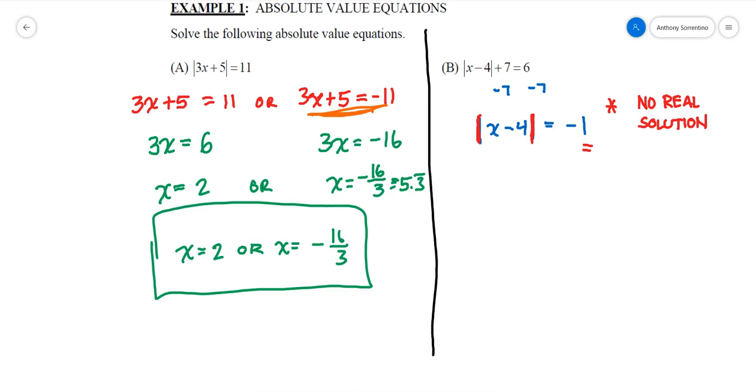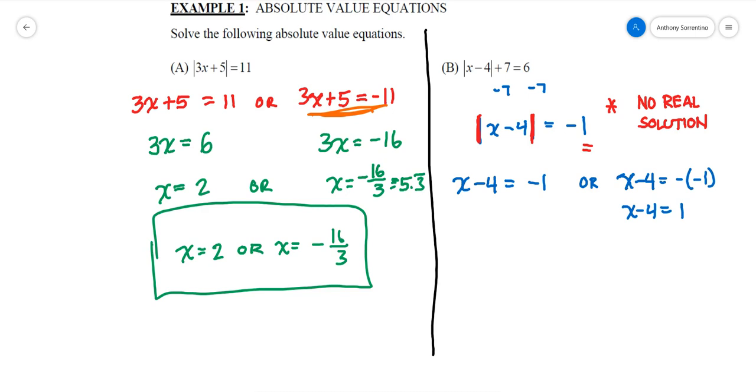But say, for instance, you didn't notice it there. Well, you would carry on to work the rest of it how we did it. You would say, okay, to get rid of the absolute value mark, I would split it into two equations. x minus 4 would equal -1, or x minus 4 would equal a positive 1.